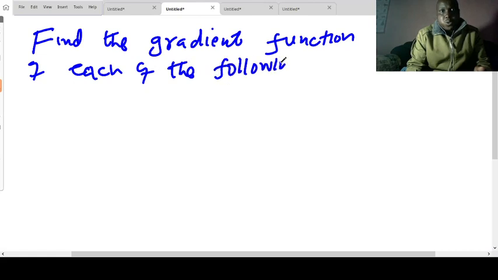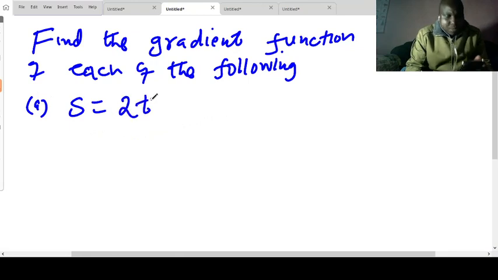Find the derived function of each of the following. Number A, I will start with S is equal to 2t cube minus 3t square plus 4t.